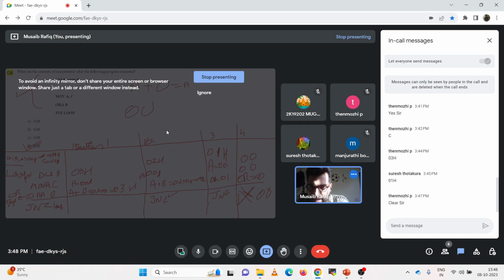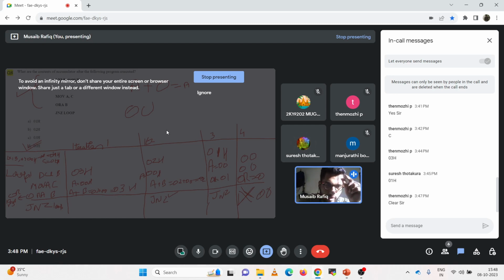I have made this table. In iteration one, after the decrement operation, B got 03 and A got 00, and then A was the result of the OR operation, that is 03. In iteration two, the result of the OR operation is 02. In the third iteration, it is 01. Since the contents of the accumulator in the third iteration are 01, this satisfies the loop condition and it goes to the loop.